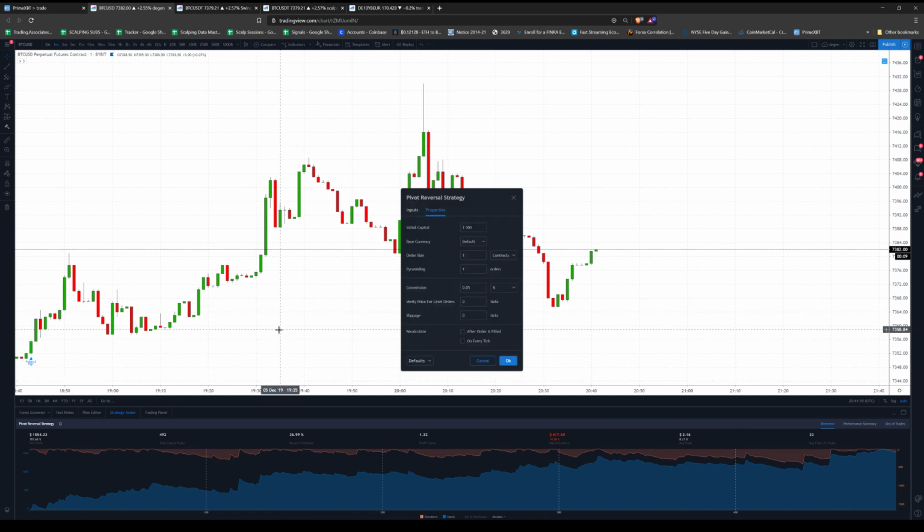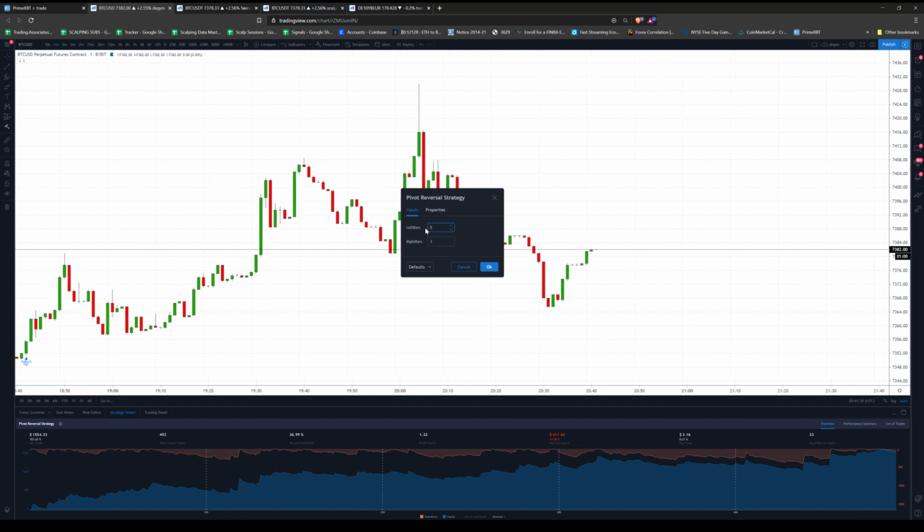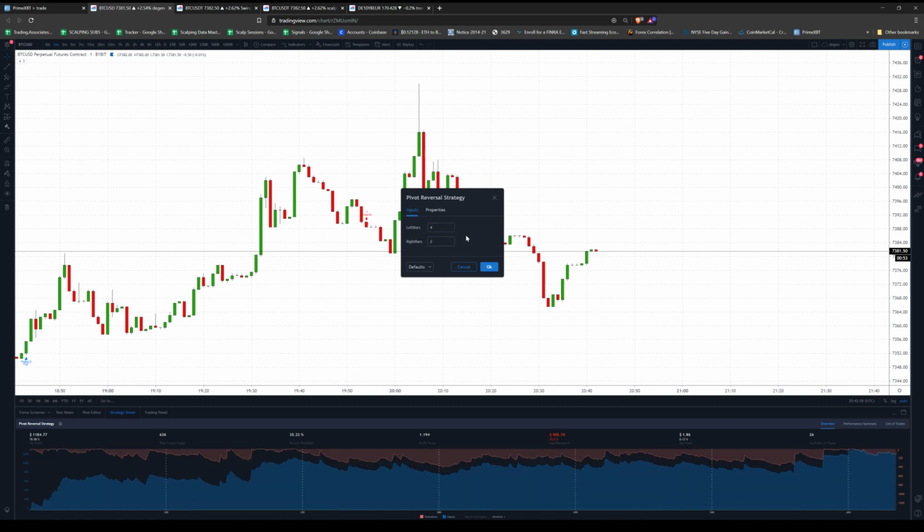I mean, you can mess with other settings, but I haven't found one that works better. The default is fine, but it ends up being too much whipsaw.